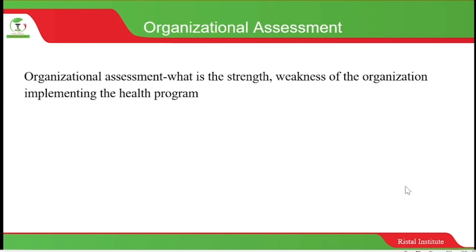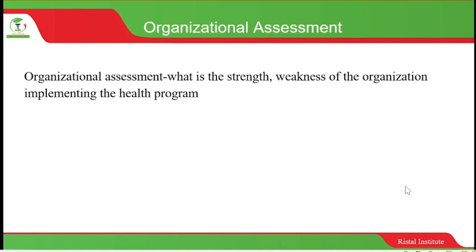Then for organization, what are the strengths and weaknesses of the organization implementing the health program? So here you look through the organization and try to assess some of the weaknesses an organization may have.